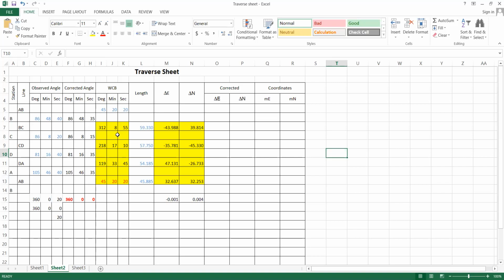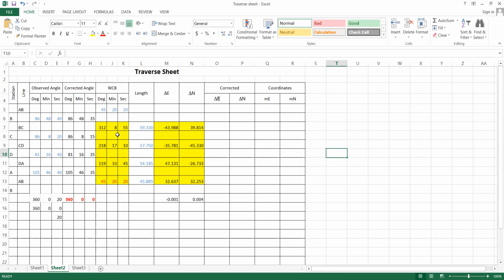The second line, CD, the bearing is 218. 218 means passing the south direction, so between south and west. When you turn from the north, 180 means the southern direction. So passing south, that is a southwest direction, so both your delta E and delta N should be negative.